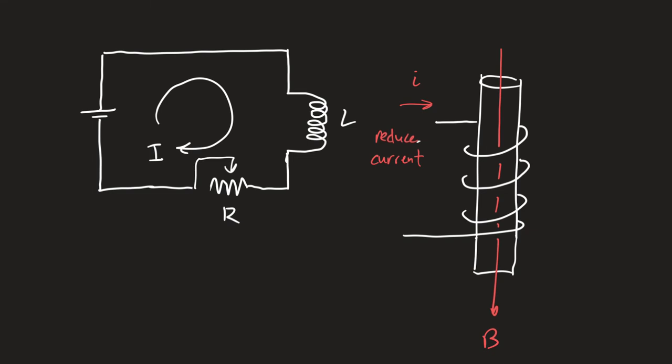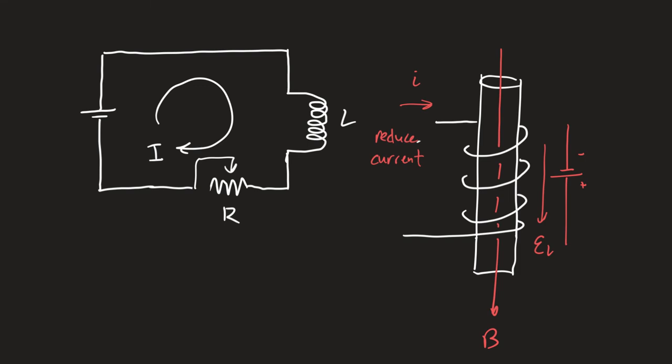prevent the change. So if you reduce the current, the inductor will act as though a battery has been supplied to the circuit in this direction to try and push more current in this direction to maintain the current that was there. In this case, the back EMF isn't trying to prevent a current from being established, it's trying to maintain the current that was already there.